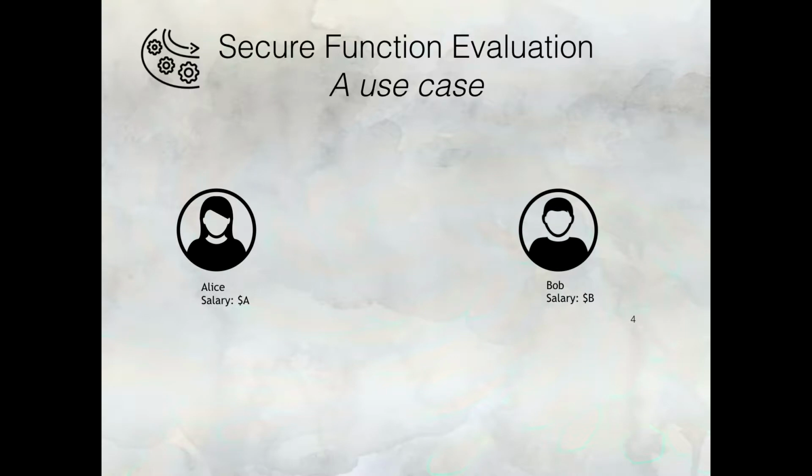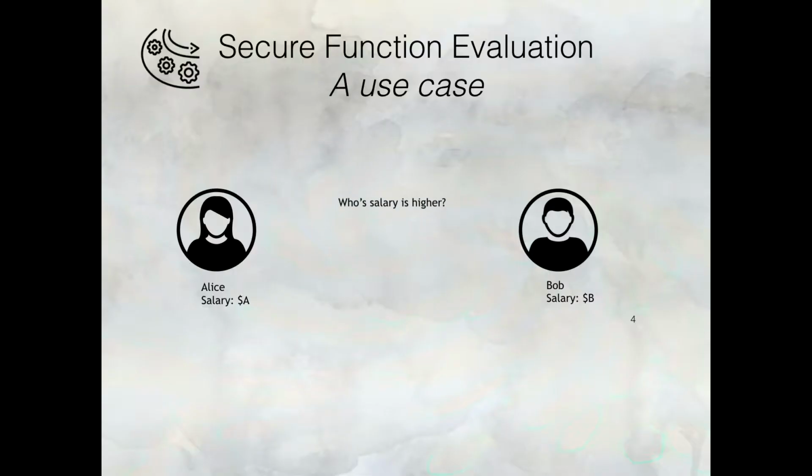Okay, so let's talk about secure function evaluation from a very simple use case. Let's say Alice and Bob want to compare their salaries. They are earning a certain amount of money, and they want to learn who is earning more. So, of course, a very trivial solution would be just saying how much they earn, and they would eventually know who is richer.